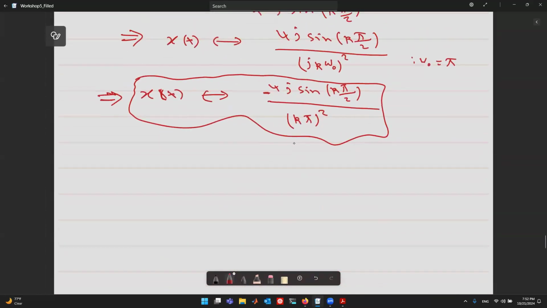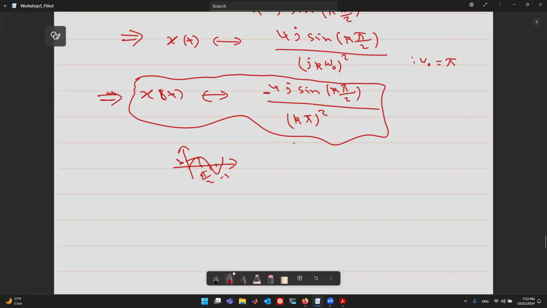Now, when k equals, let's say 1, we'll have sine pi over 2, and the sine is 1. And when k equals 3, the sine will be -1.